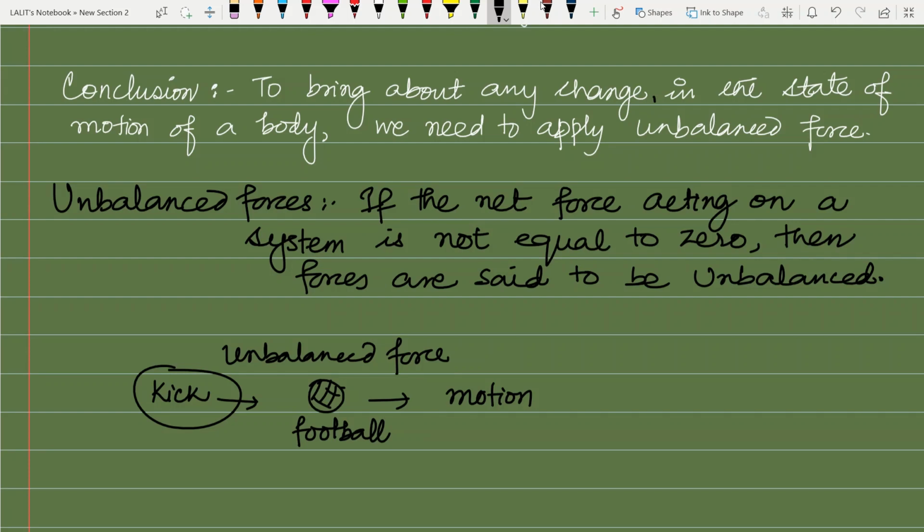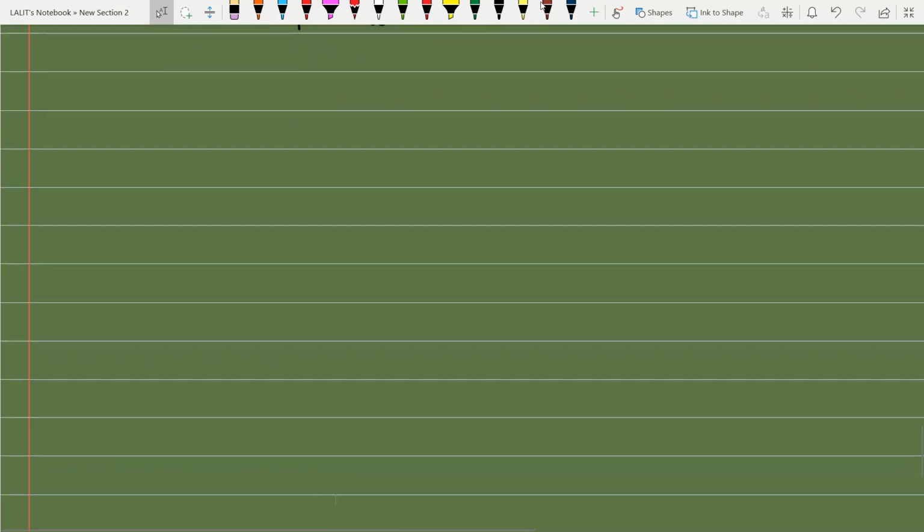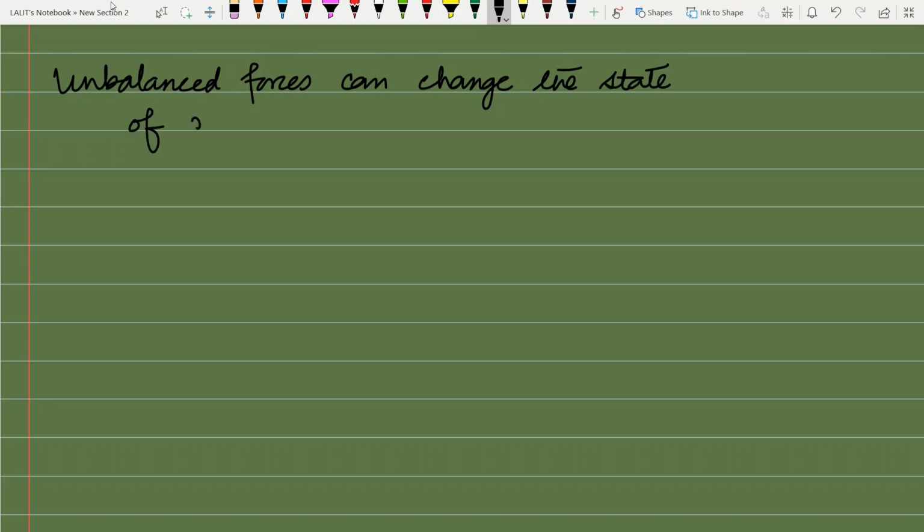What type of force is to be applied by the goalkeeper? Because the ball was in motion and you are trying to stop the ball, the goalkeeper must apply an unbalanced force to stop the ball. So unbalanced forces can change the state of motion of a body.